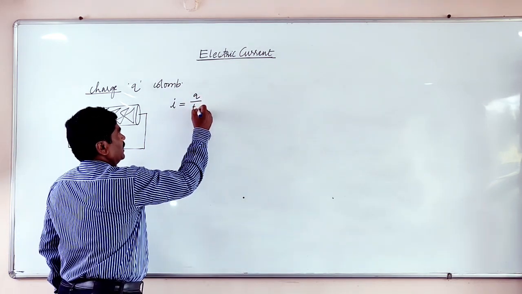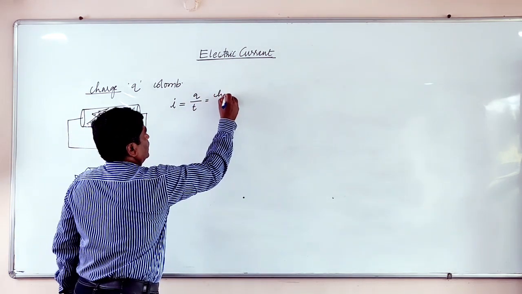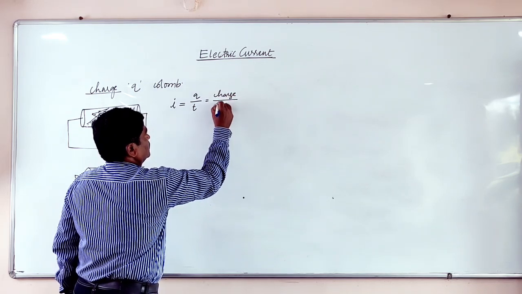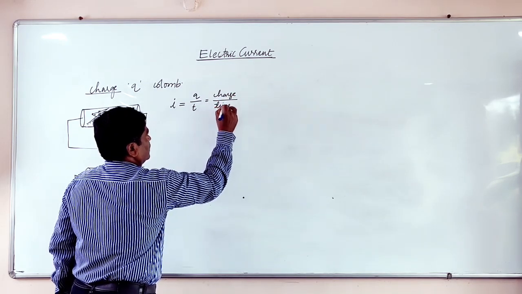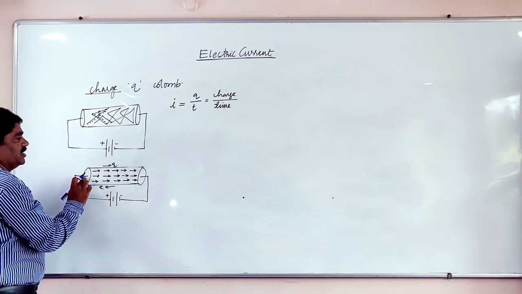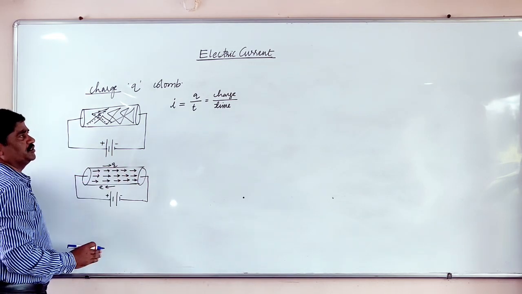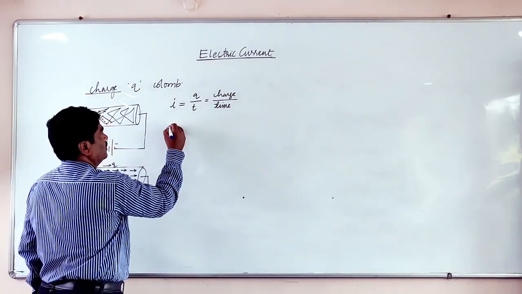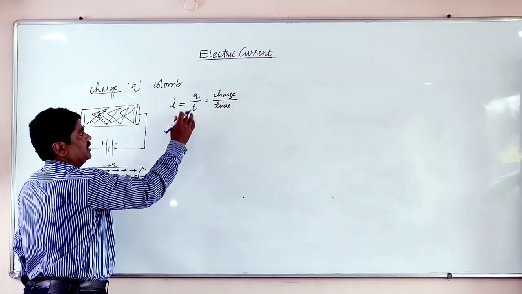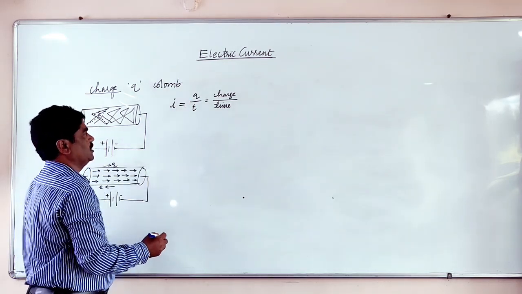So it is charge divided by the time of flow through the cross section of the conductor. Electric current is nothing but the rate of flow of electric charge.